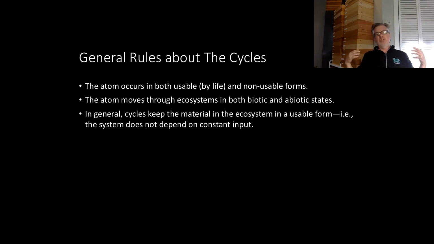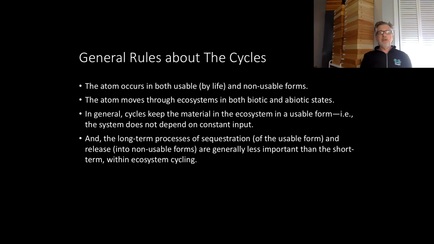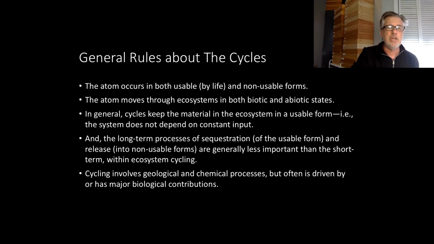The system does not depend in the short term on constant input, although on the long term it probably does depend on constant input. And the long-term process of sequestration of the atom into a usable form and release into non-usable forms are generally less important than the short term within ecosystem cycling processes, the exception of that being the carbon cycle, as we will see.